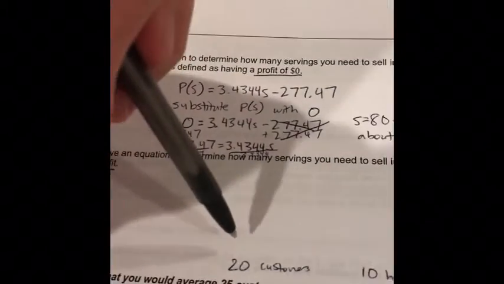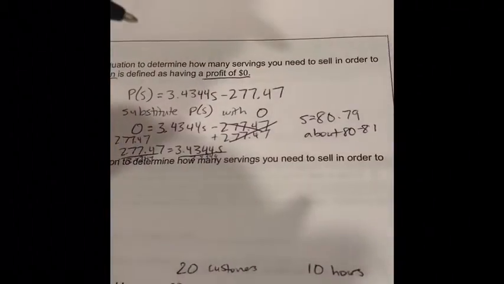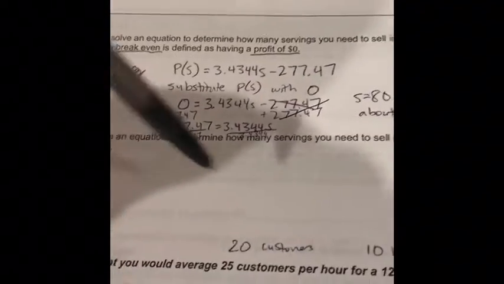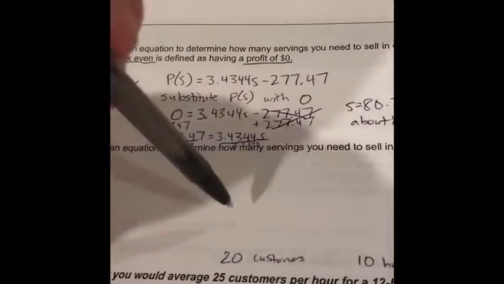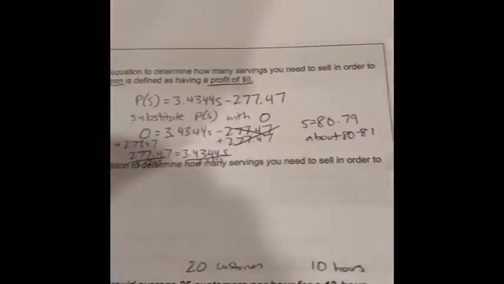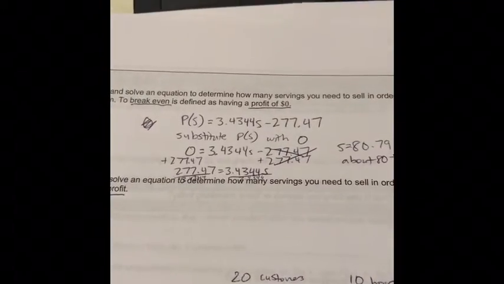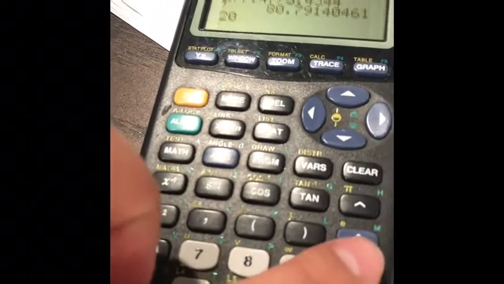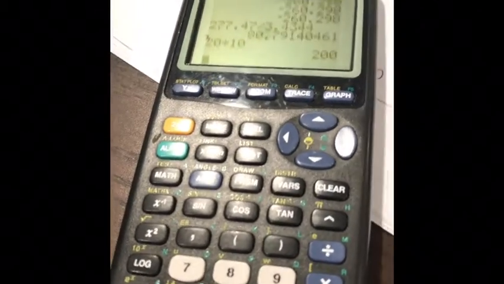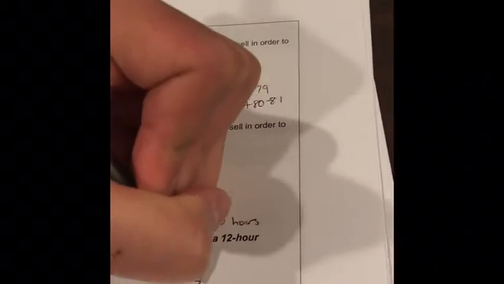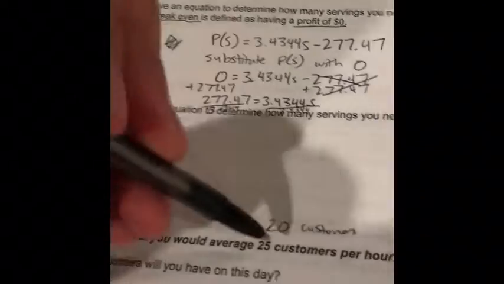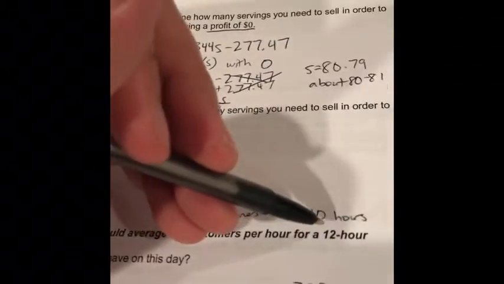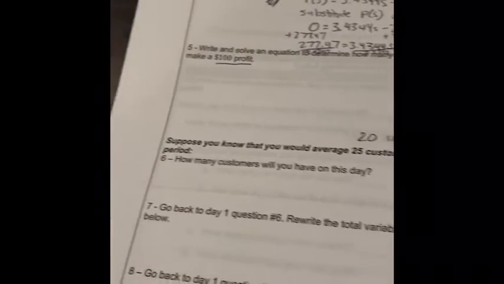So if I have 20 customers per hour for 10 hours, how do I figure out how many customers I have for that whole day? Multiply. So 20 times 10, 200. So I'm going to have 200 customers. For you guys, make sure you multiply 25 and 12, and then make sure you do that for 7 and 8.